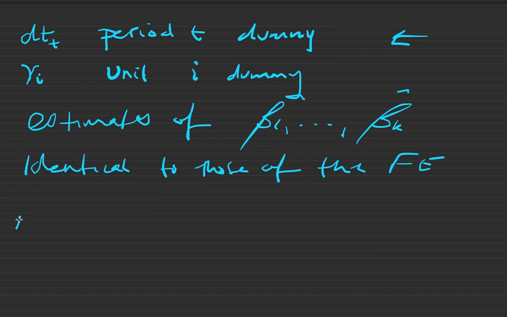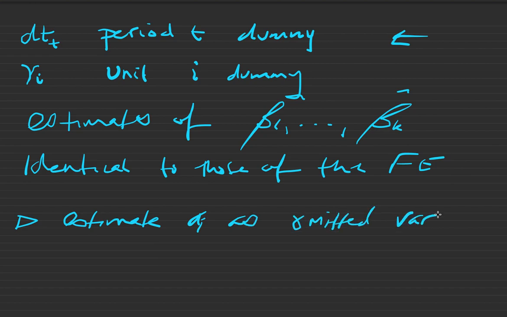This approach can be thought of as trying to estimate the a_i as omitted variables. The problem is that the estimators, while they are unbiased, are not consistent.